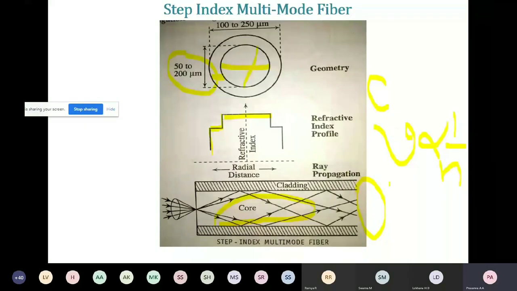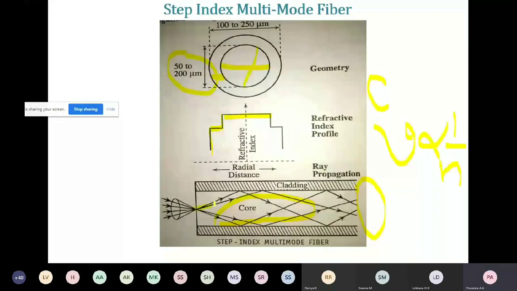So the higher the refractive index, the lower the velocity. And here different rays are traveling with the same velocity because the refractive index is constant. All the rays travel with the same speed, but the problem is that they are traversing different distances.